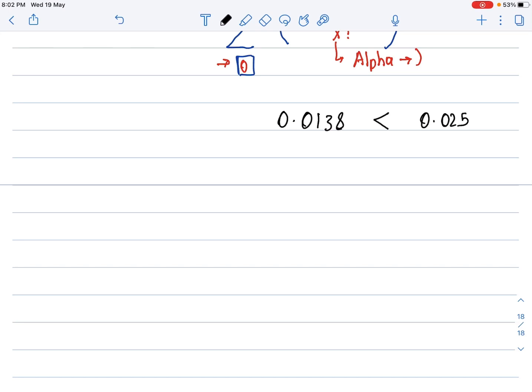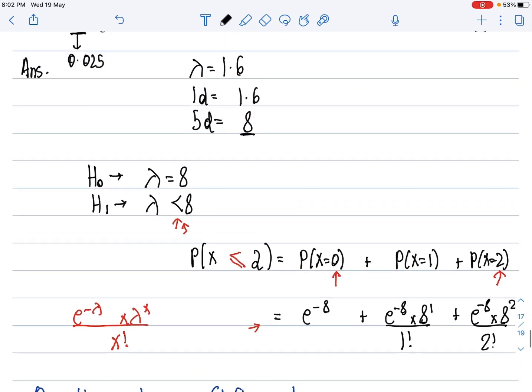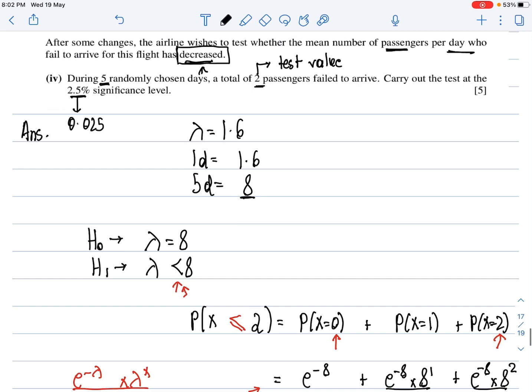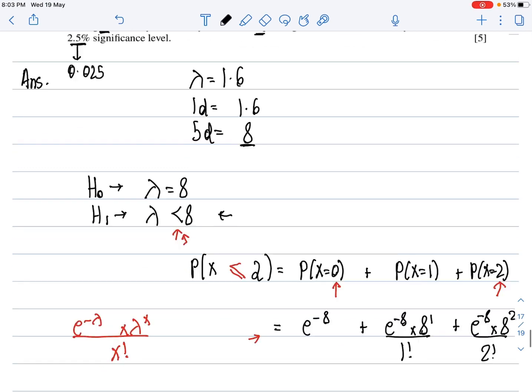Okay, so now what I need to do is, because it's less than, I can say reject my null hypothesis. So I can say the average number of passengers who failed to arrive has decreased, because that was my alternative claim here.